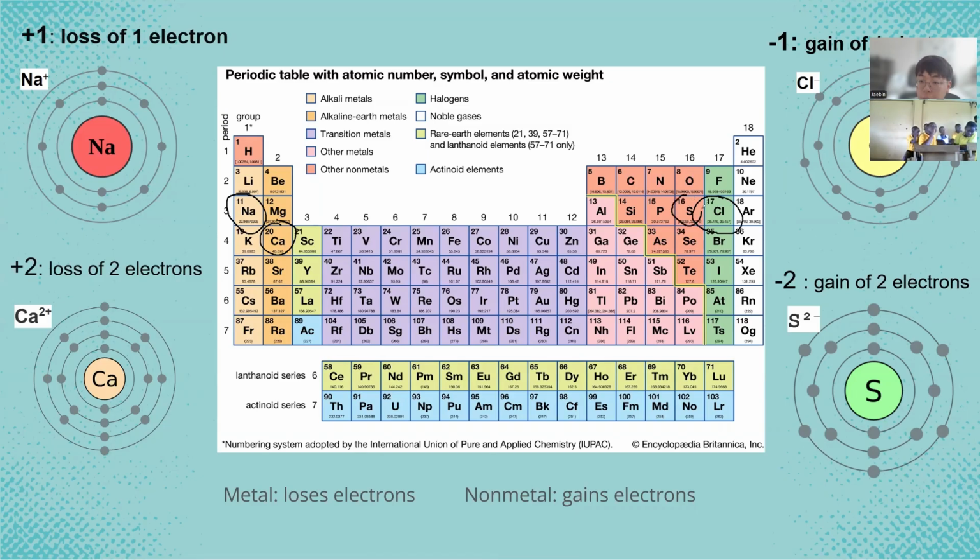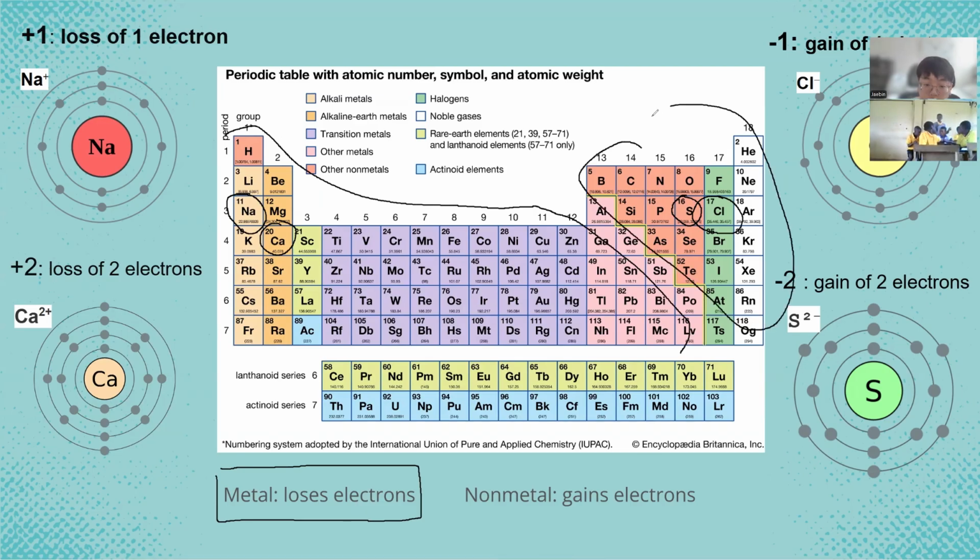With sulfur, you need two more electrons to become argon. And we can notice a pattern: metals over here tend to lose electrons, and nonmetals tend to gain electrons. That's their properties.